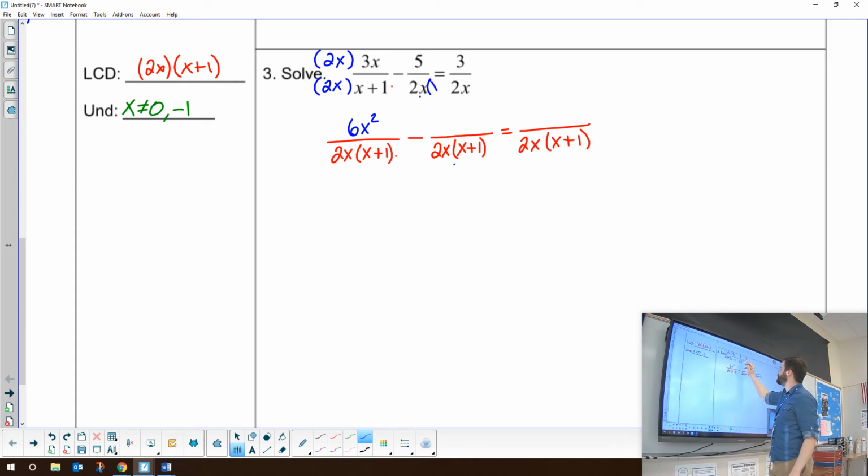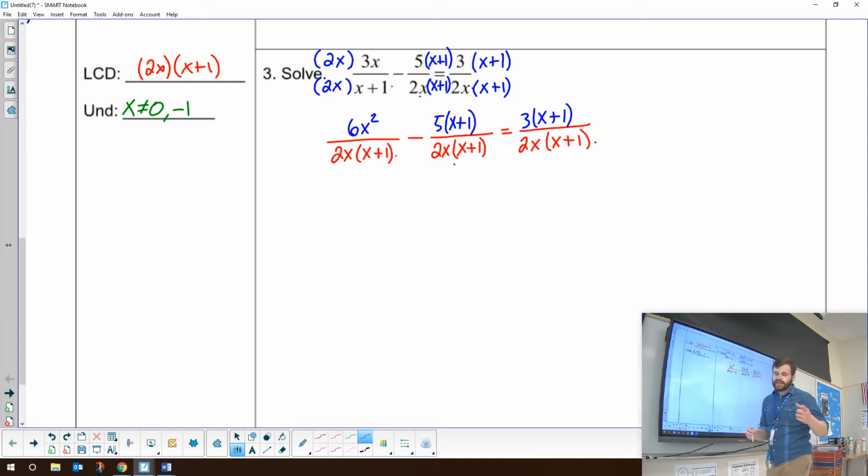So I'm going to multiply by x plus 1 to the top and bottom. And so I'm going to have 5 times x plus 1 here. And then lastly, to get from 2x to 2x times x plus 1, once again, I need to multiply by x plus 1. And so that's going to leave me with 3 times x plus 1.